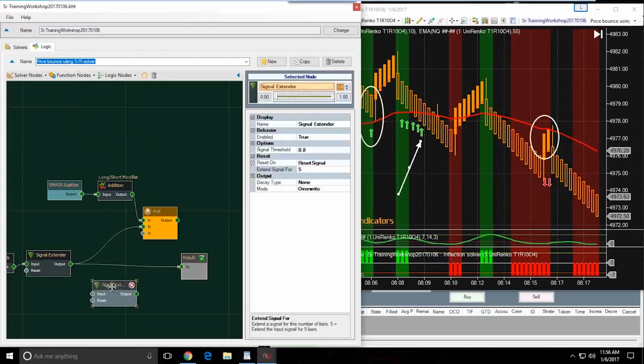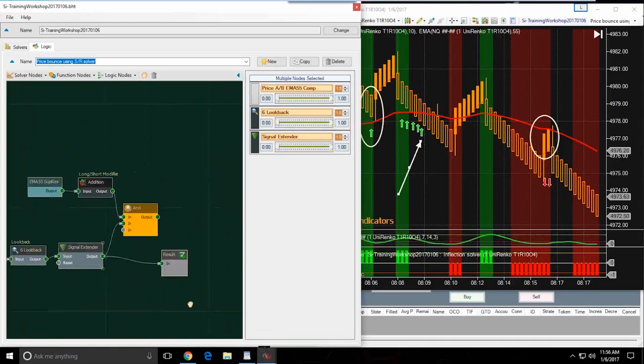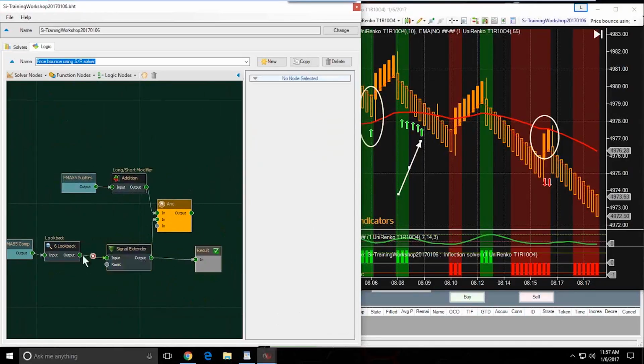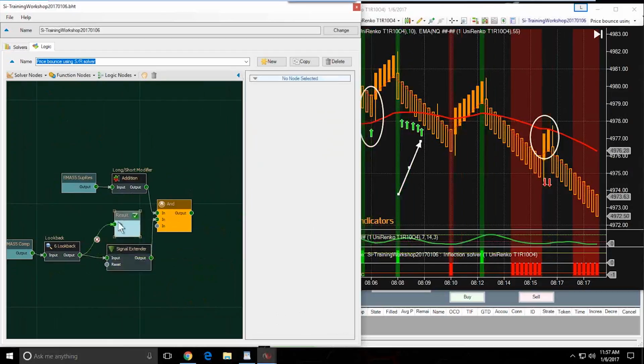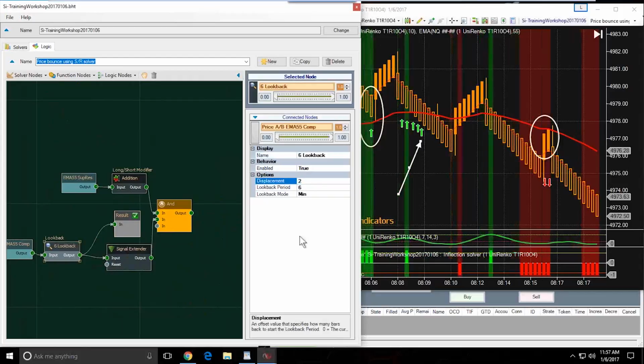I could grab another signal extender, but instead I think I'm going to do something else. I'm going to go back to the look back node and use a displacement of 2, like so. And oh, that's right.